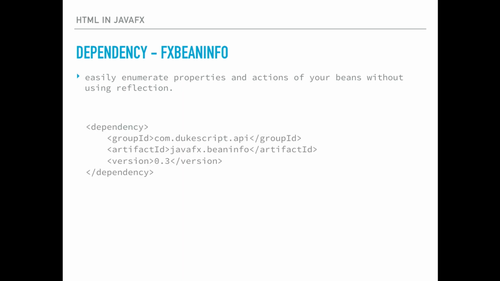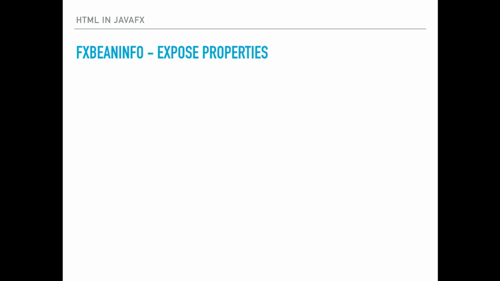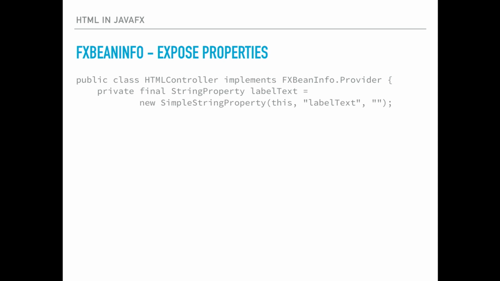So this is the dependency that you will need for the BeanInfo class. That is a runtime dependency. And this is how you expose the properties. So here I have my HTML controller class, and it implements a single method interface called FxBeanInfoProvider. And you can almost guess what this single method does. It returns FxBeanInfo.